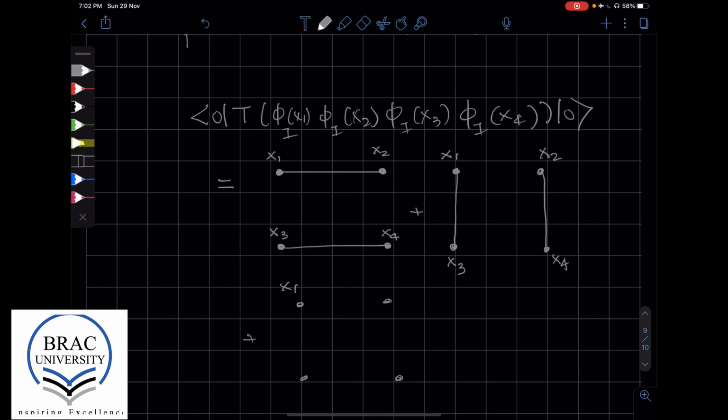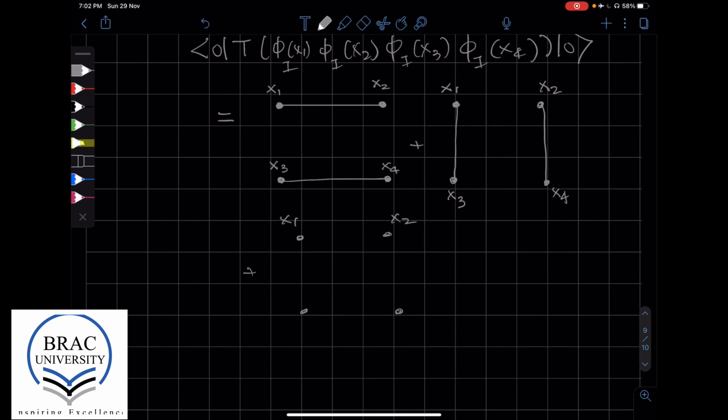So first, let us label our space-time points. And it'll have the interpretation that a particle is created at x1, it propagates to x2, and it's annihilated there. And a particle is created at x3, and then it propagates to x2, and it's annihilated there, or vice versa.